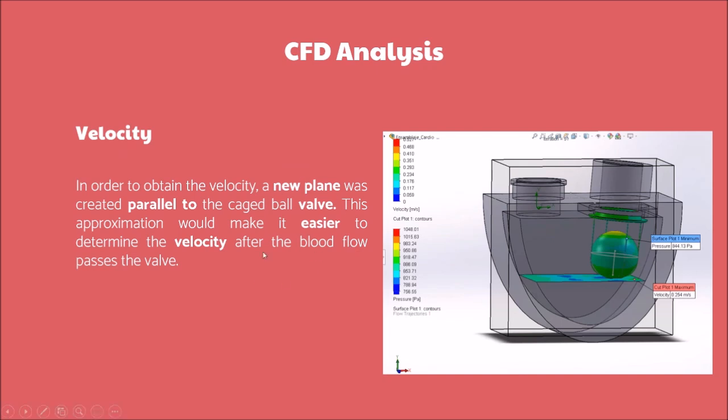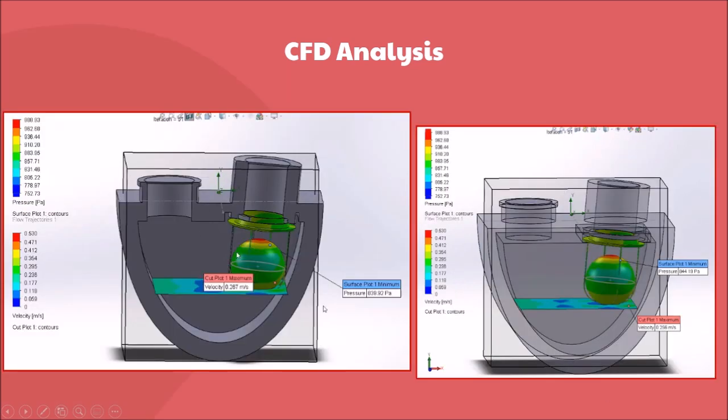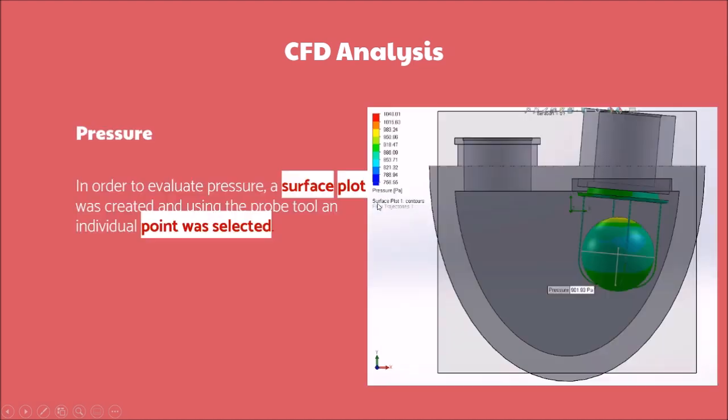In order to obtain the velocity, a new plane was created parallel to the cage valve. This approximation will make it easier to determine the velocity after the blood flow passes the valve. Here we have the evidence of the circle strut, the velocity calculated in the ellipse strut, and the velocity calculated in the square strut.